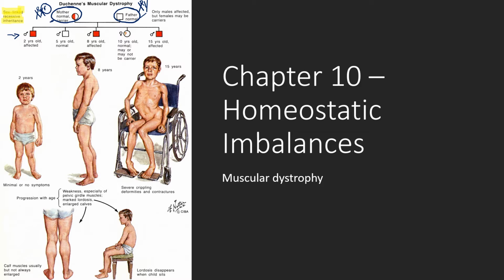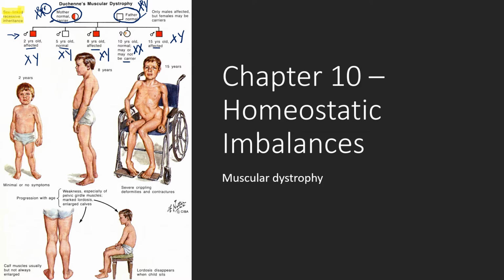They had a boy, a boy, a boy, a girl, and another boy. The squares indicate males, circles indicate females. So here we're going to have XY chromosome, XY chromosome, XY, XX, and XY.